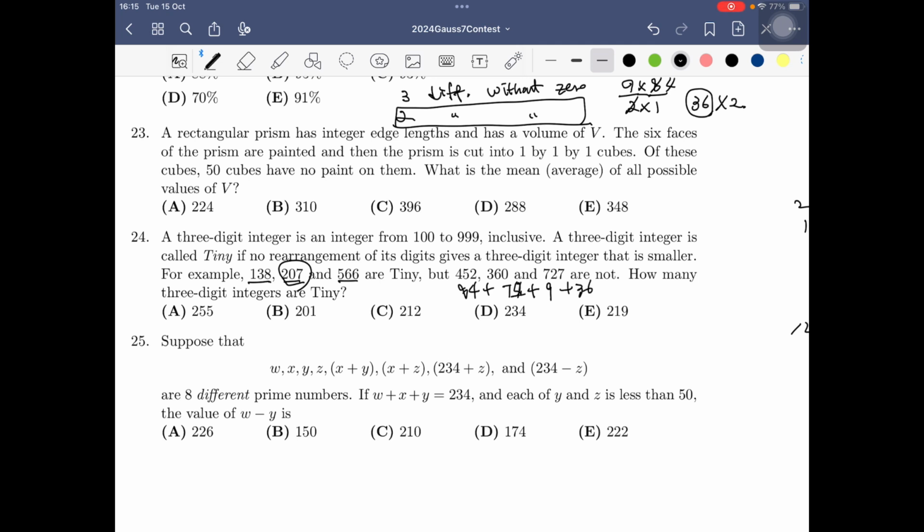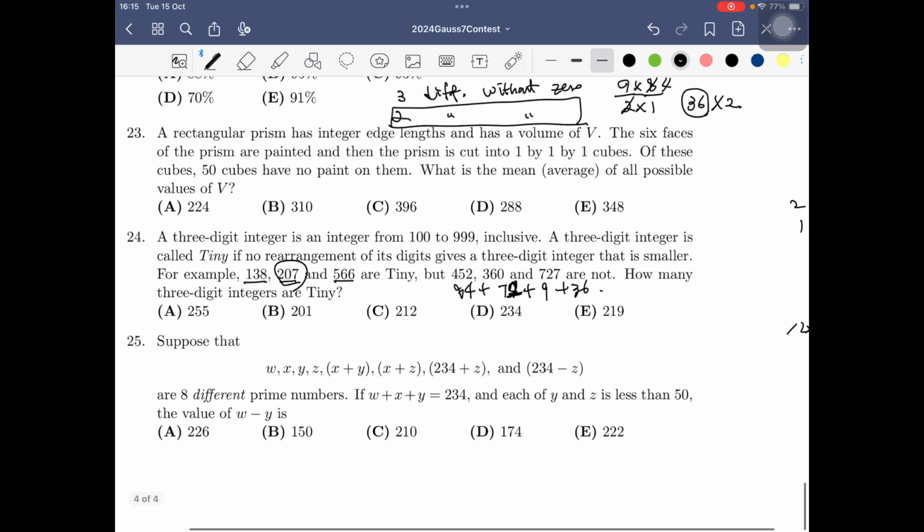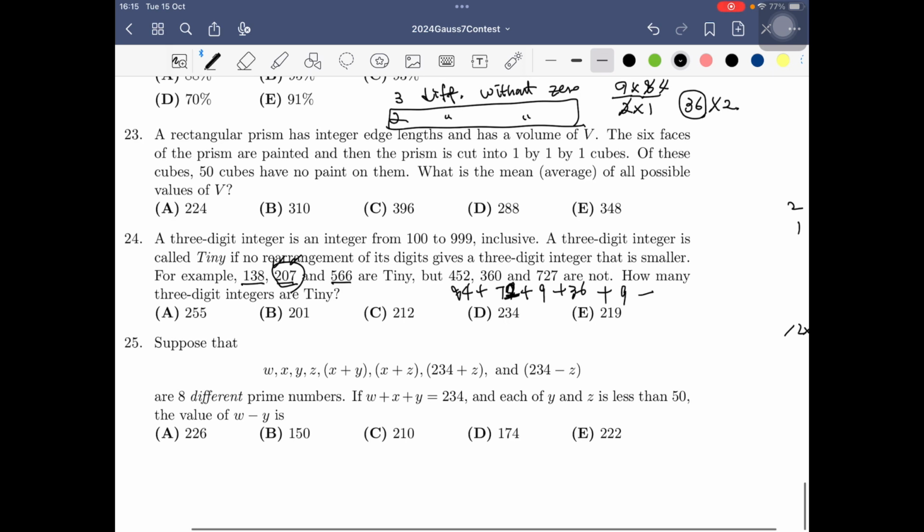Oh, this is 72. Sorry. 72 plus. And if we make it the same digit, like 202, 101, let's say, that is 9 cases. So this has no zeros. This has one 0. And now we have two 0s, which is 9.